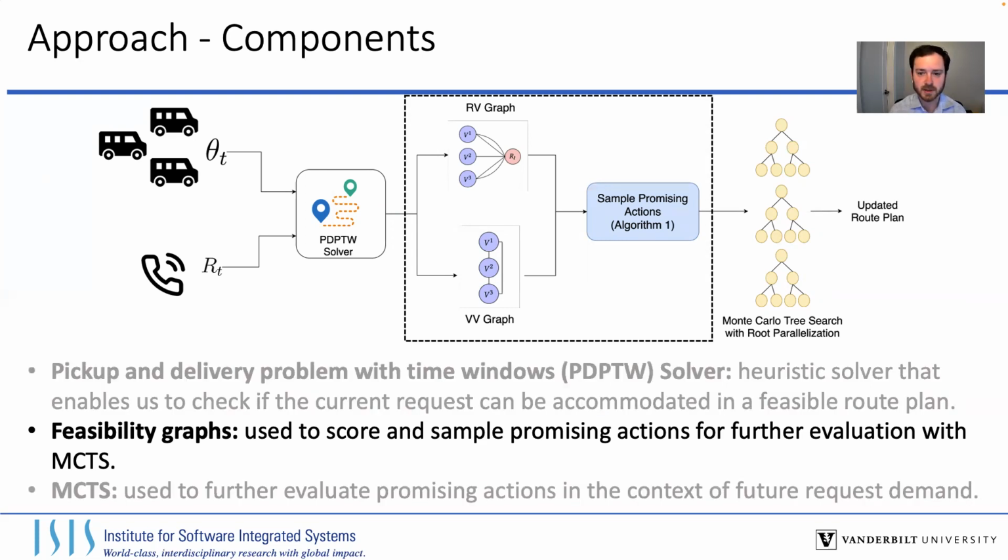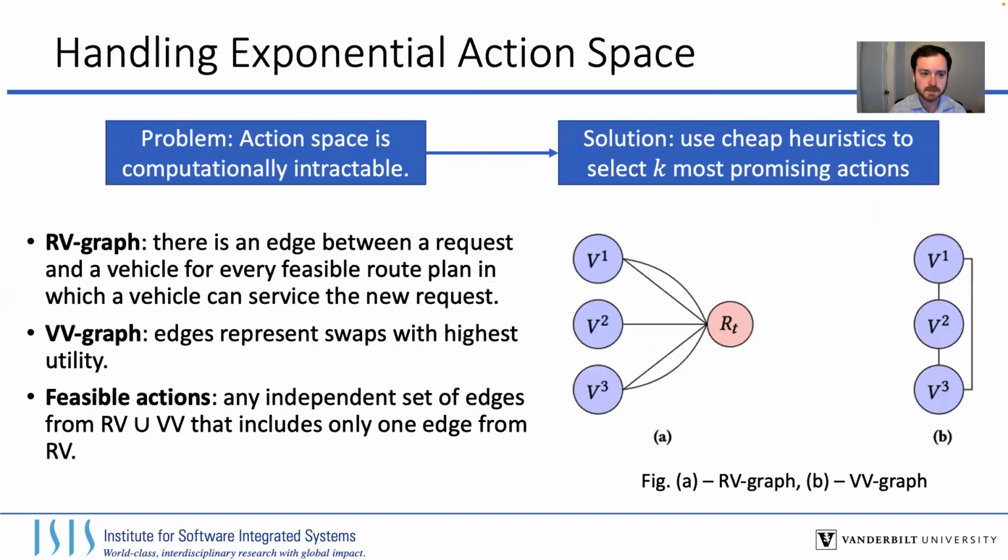We'll start with the feasibility graphs. The primary problem is that the action space is computationally intractable. Our solution to this problem is to use cheap heuristics to select the K most promising actions. To select these actions, we build two separate graphs.